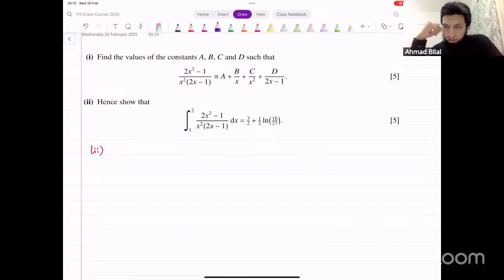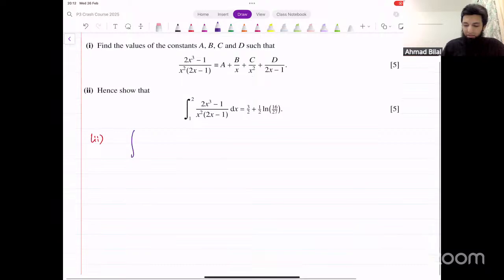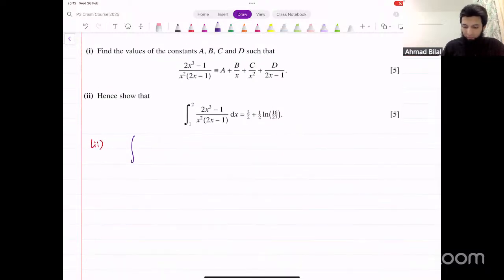Okay, 1, 2, 1, and -3. Thank you. So now we have to integrate 1 plus 2 over x. Let's actually separate them to make it even easier.